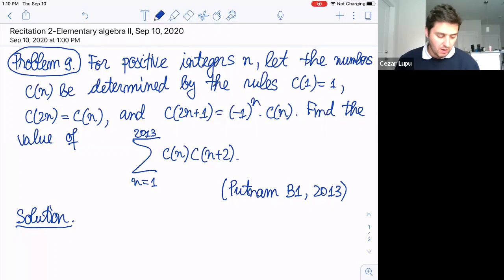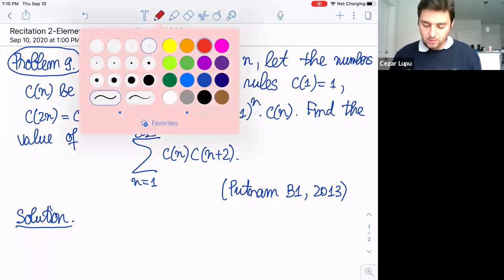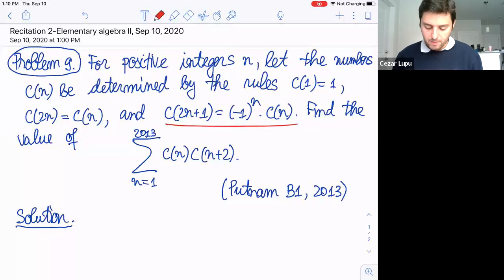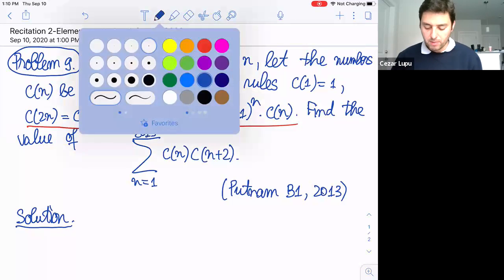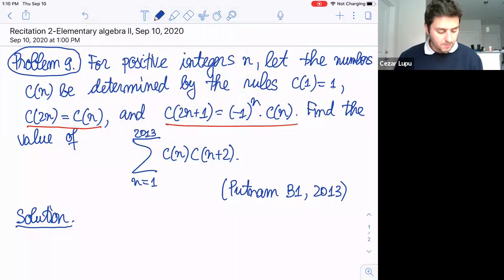So what do you need to see here? Well, let's look at this. We have to explore these two conditions here. You see this one and this one. Maybe we can find some kind of a relationship between these two. You know, the trick is the following. Well, I won't say a trick, but anyway, if you want to call it that, let's look.